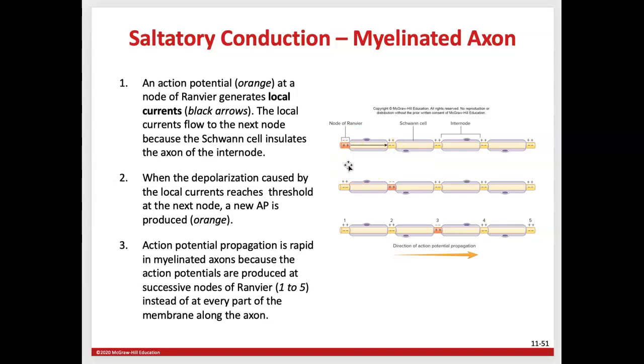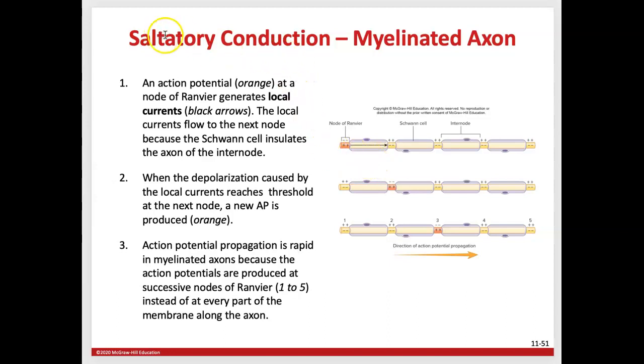I think of it, and this isn't really how it is, but in my head, if this was a garden hose and certain parts of the garden hose are tightened up and smaller, we'll say under the Schwann cells, then whatever's moving through, as it moves from here to here and then into here, is going to go really fast because it's even smaller. It's going to have more pressure behind it. And that's how I think of it.